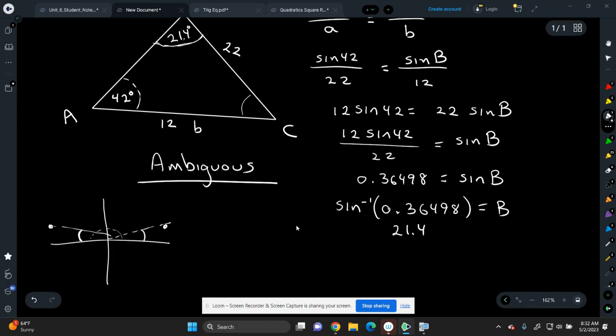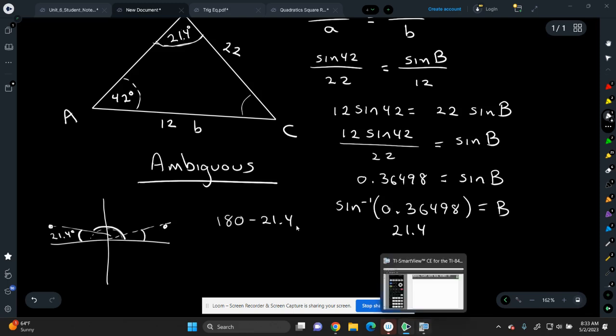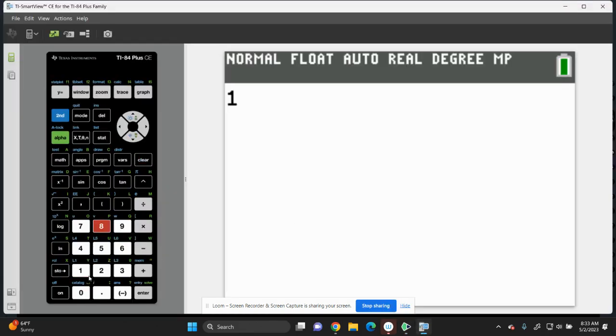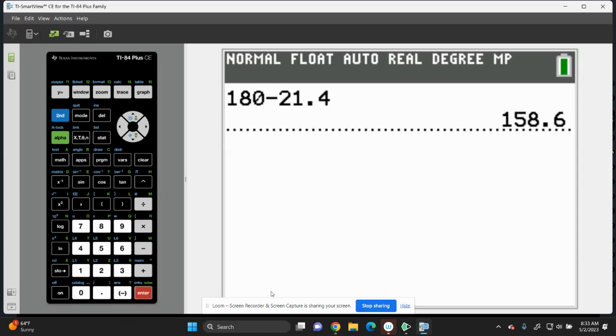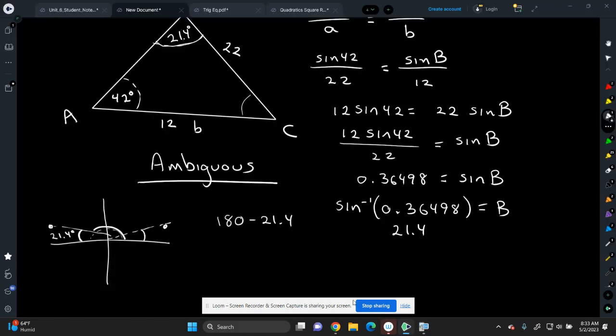This could be 21.4 degrees. So what angle is that actually? 180 minus 21.4, 158.6.